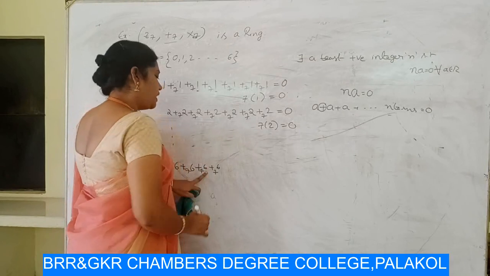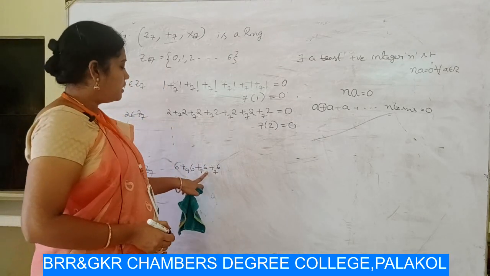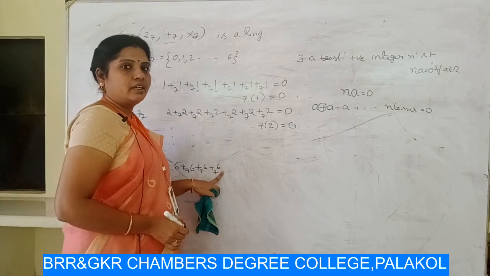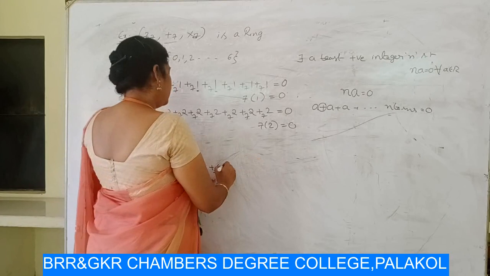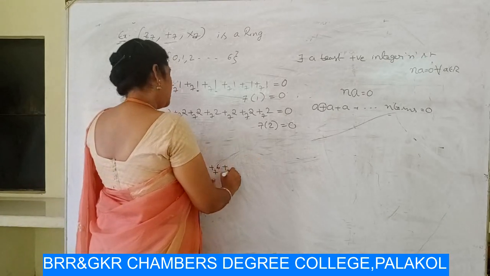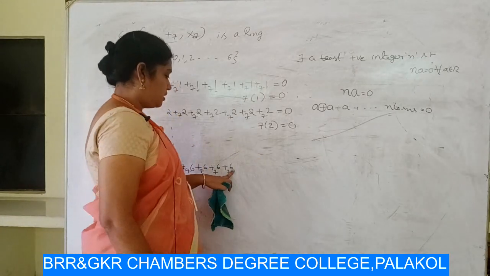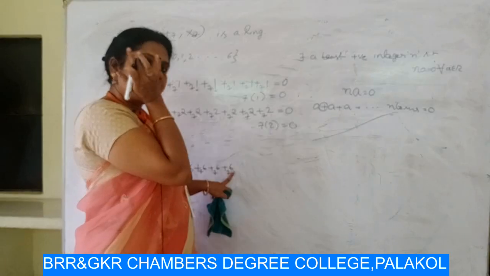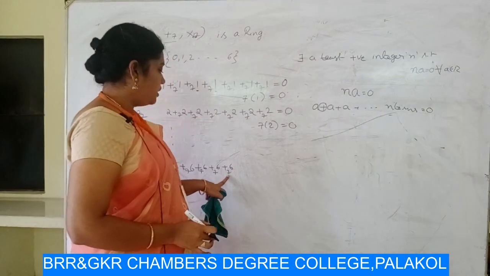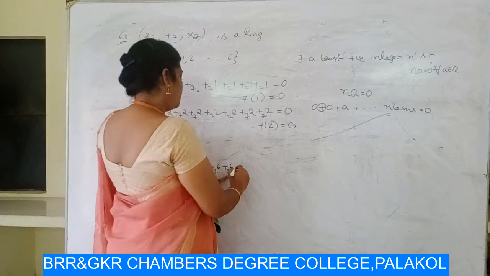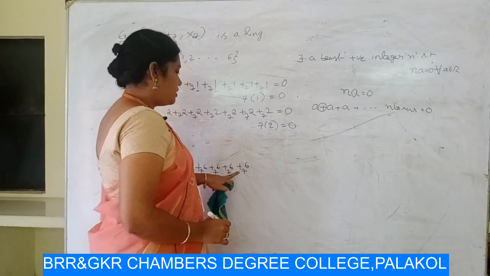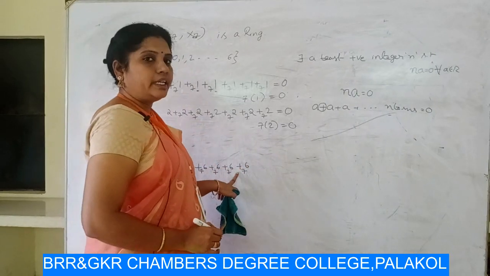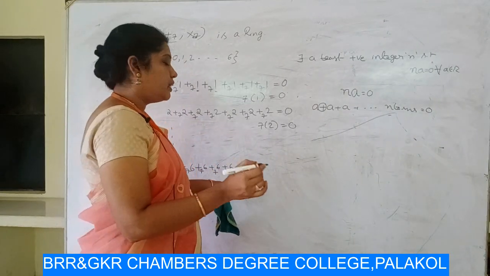Then 4 plus 6 is 10, remainder 3. 3 plus 6 is 9, remainder 2. 2 plus 6 is 8, remainder 1.